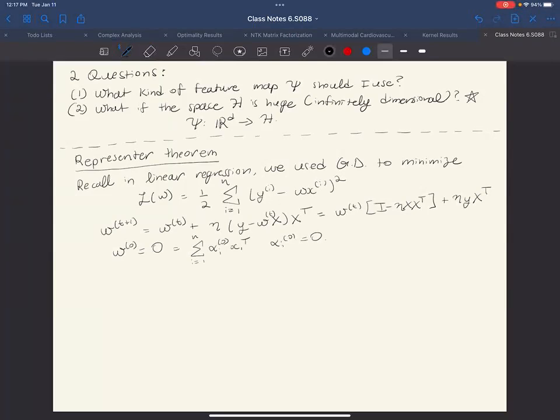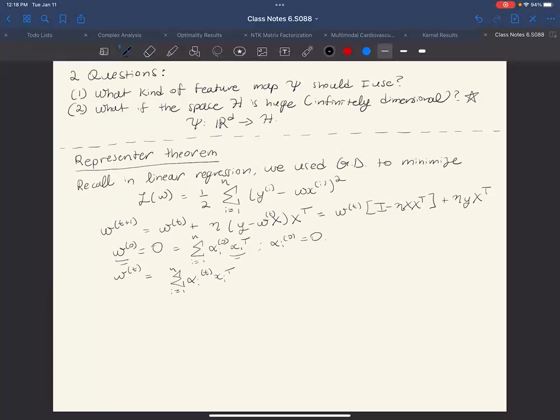Well, it turns out if at any point your w at time t is some linear combination of training examples, this property always holds through linear regression. So at any time t, you're going to find that your predictor is always a linear combination of training examples in this way.